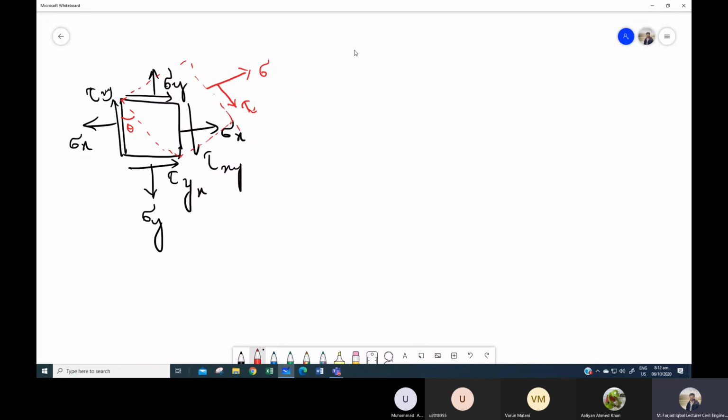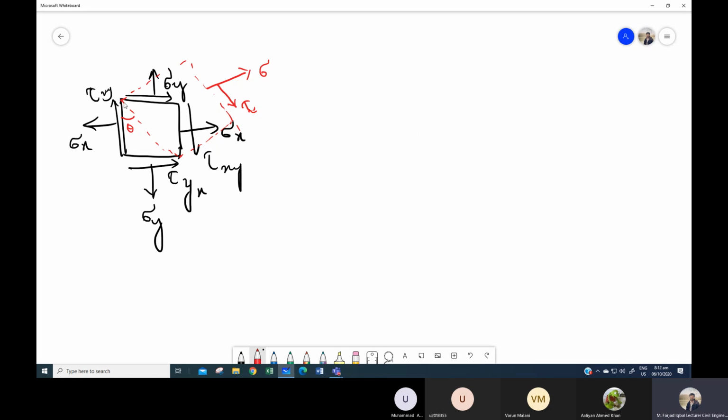So we need to develop a formulation to convert these stresses on the straight element to the stresses on the inclined element. These formulations can be developed by solving the equations of equilibrium, that is sum of Fx and sum of Fy. These are not so complicated, but this is one of the most important topics of this course, to figure out the stresses on the inclined element if you are provided with the stresses on the straight element, and vice versa.